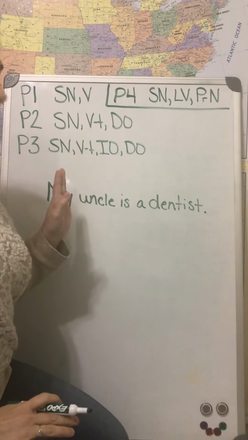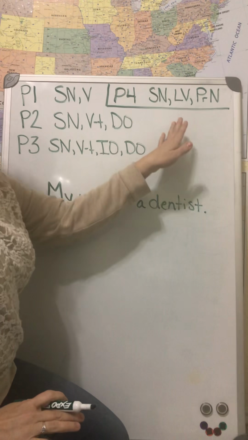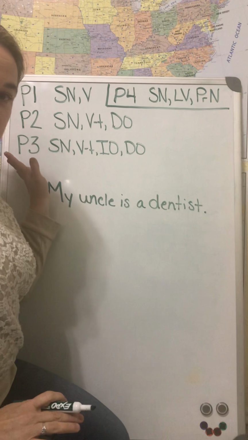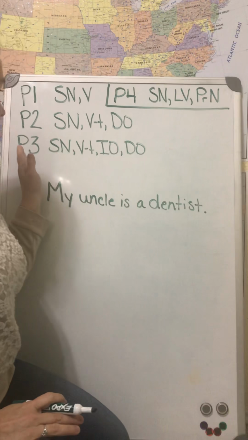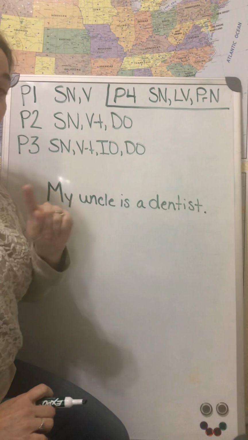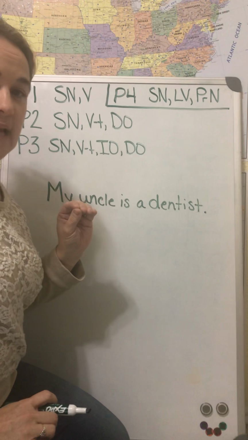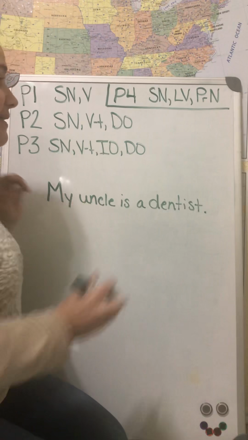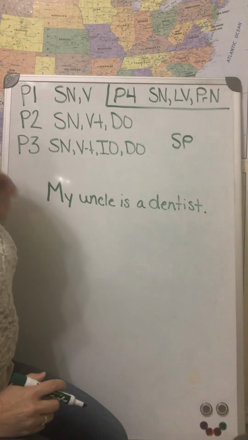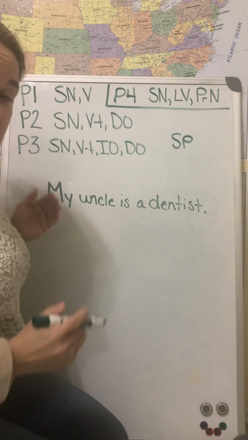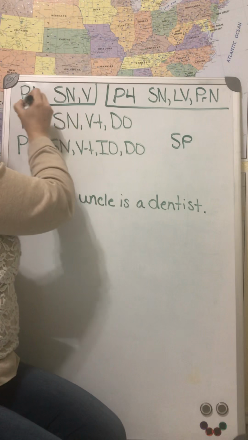Now, one thing I want to talk to you about before we move on is these are the core parts of all these different patterns, and these will always be the core parts that identify these patterns. But I want to remind you that if a sentence doesn't have a subject noun, but instead has a subject pronoun, when you list the sentence pattern, you're still going to list it as a subject noun.